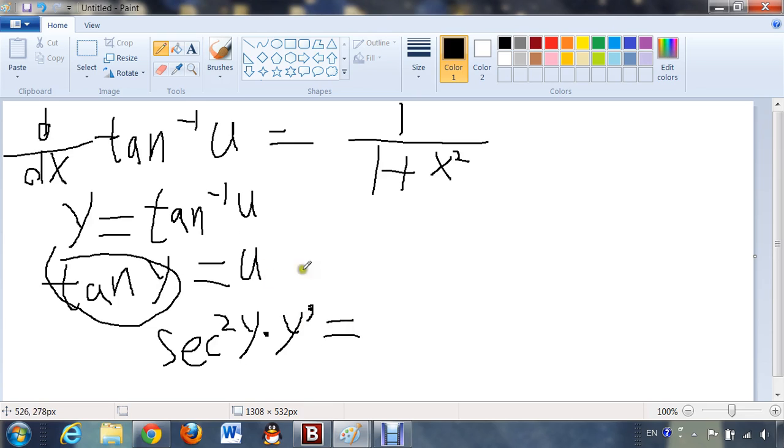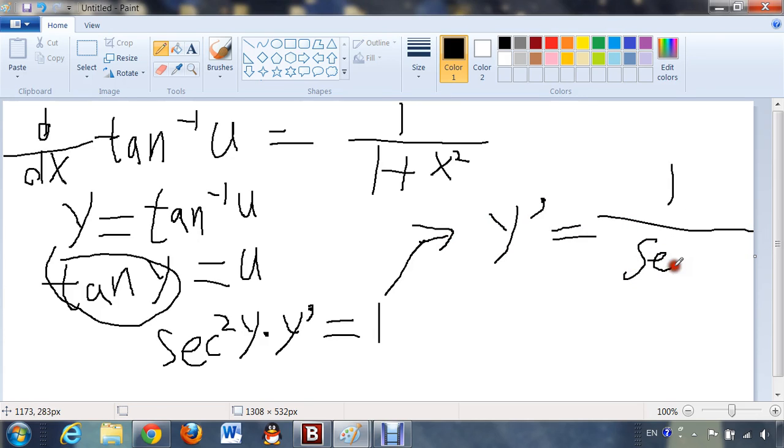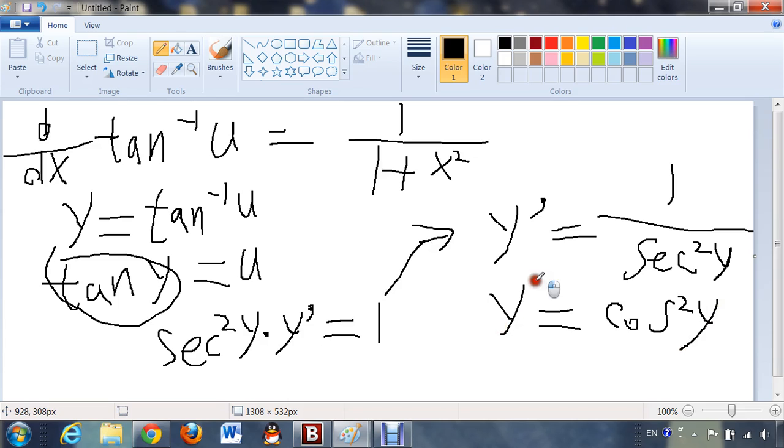And then the derivative of u, this variable, is just 1. So y prime would just be 1 over secant square y, which is cosine square y.